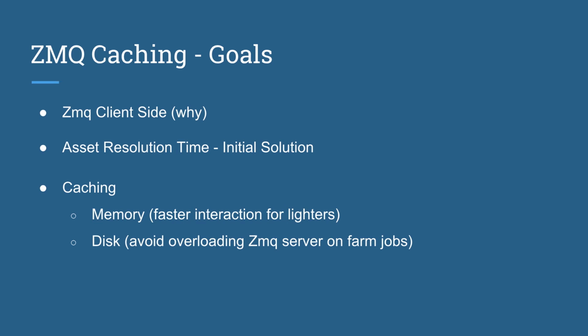So what we did was we serialized the cache as it was in memory, put it onto a file on disk, and then when we submitted that farm job, we made sure that cache was there as well. And this alleviated most of our issues, and again was able to provide some historical information about each render submitted, so that you would know which file was sent along with that render.